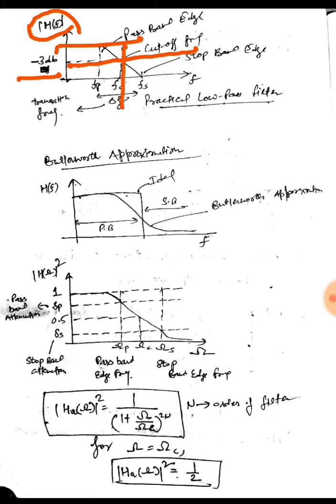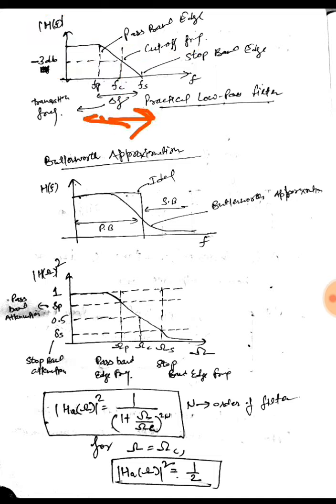So this is our cutoff frequency. And the difference between the pass band edge frequency and the stop band edge frequency is called the transition frequency, that is the frequency range between the pass band and the stop band.